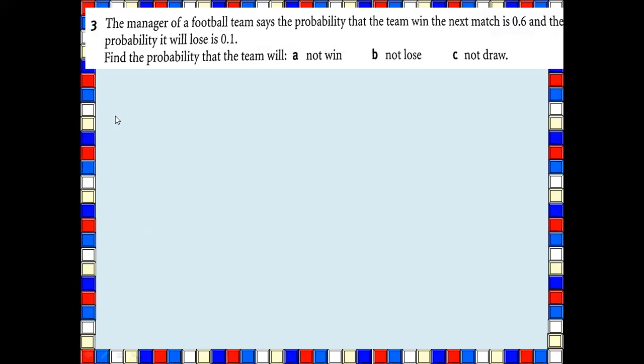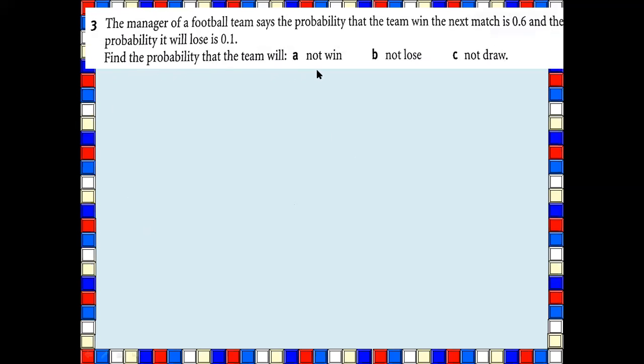Now look. The question says the manager of a football team says that the probability that the team will win next time is 0.6, and the probability that it will lose is 0.1. Find the probability that the team will not win. What do you think?